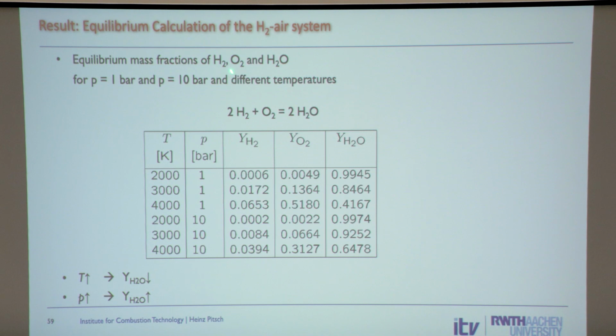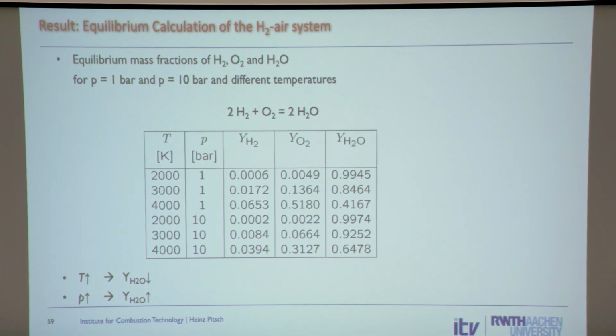So this is the result. For this reaction, we can again evaluate the equilibrium mole fractions or mass fractions for different temperatures at 1 bar, and then also look at different pressures. And what's interesting, let's first look here at 1 bar, is that at 2000 Kelvin, almost all the hydrogen and oxygen are converted to water.